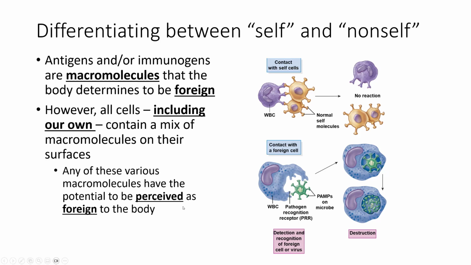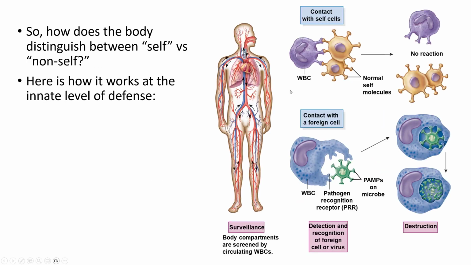So any of the molecules in our body or molecules at large in the world could be reacted to. And so ultimately, there has to be a more specific way of differentiating what the white blood cell is responding to, so that we don't respond to the wrong kinds of cells. So how do we distinguish?